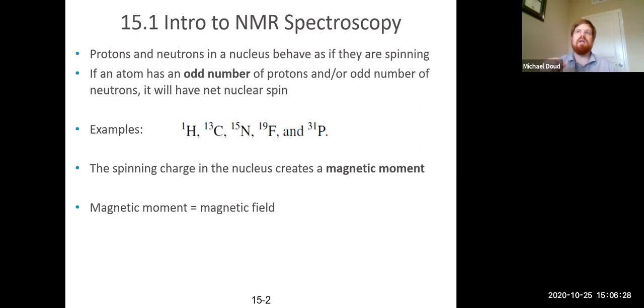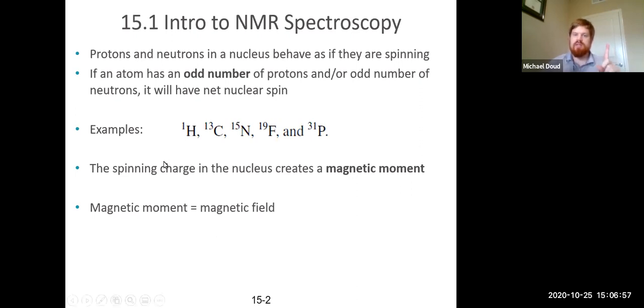The idea is that these particles have angular momentum. Now, if you have an even number of each type of particle, their angular momentums are going to cancel each other out. But if you have an odd one, a proton is a great example. Hydrogen, that's what we're going to start with. Hydrogen just has one proton, so there's no way for the angular momentum of that proton to be canceled out. So it has angular momentum.